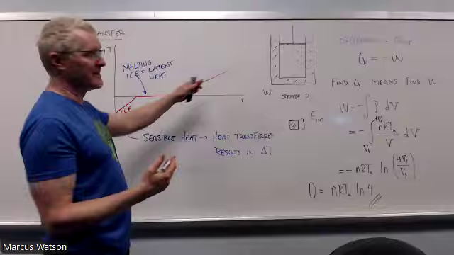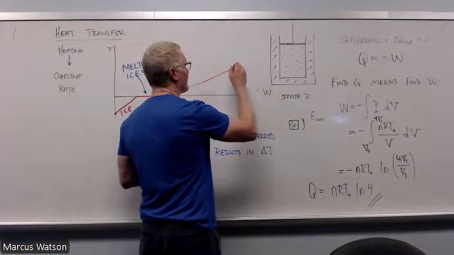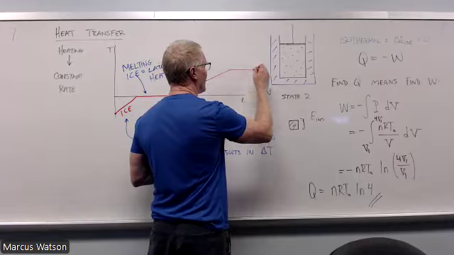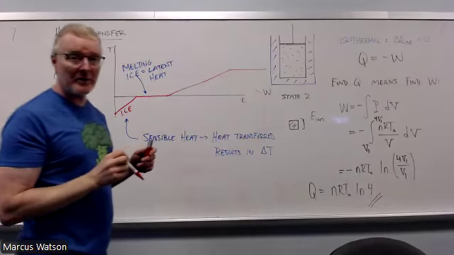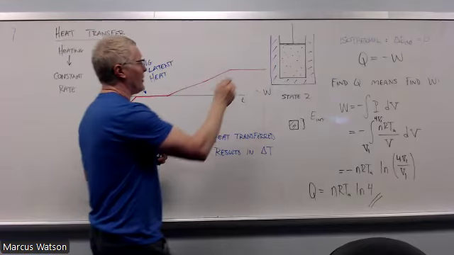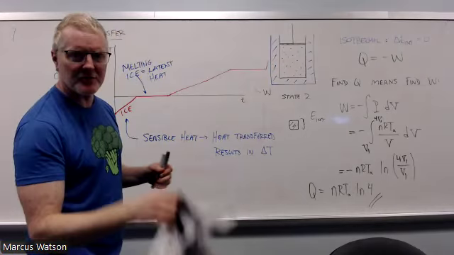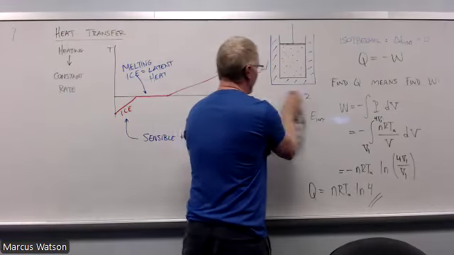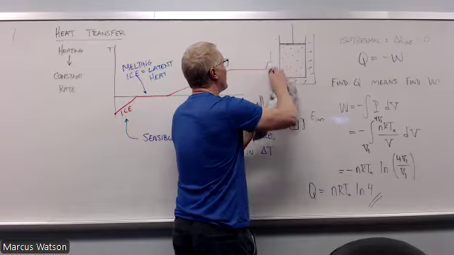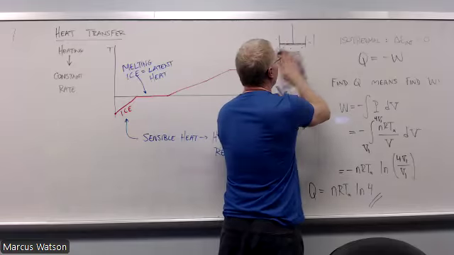Let's just pretend that this is now 100 degrees. I'm going to find that it does that same plateauing behavior, and then all of a sudden it starts taking off again. I'm truncating my drawing here out of space requirements.